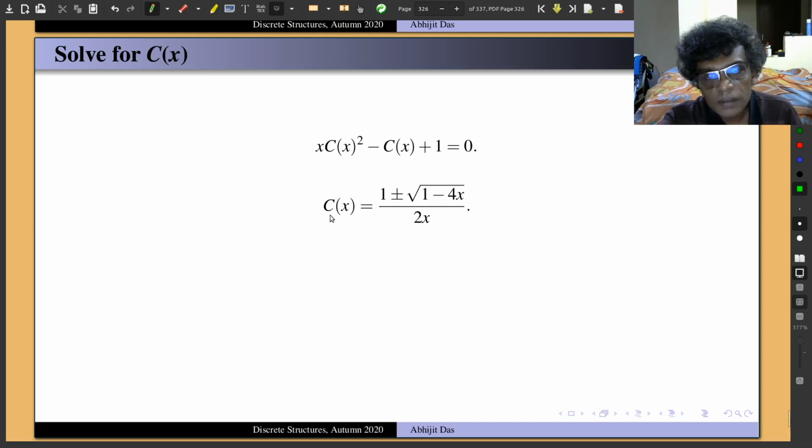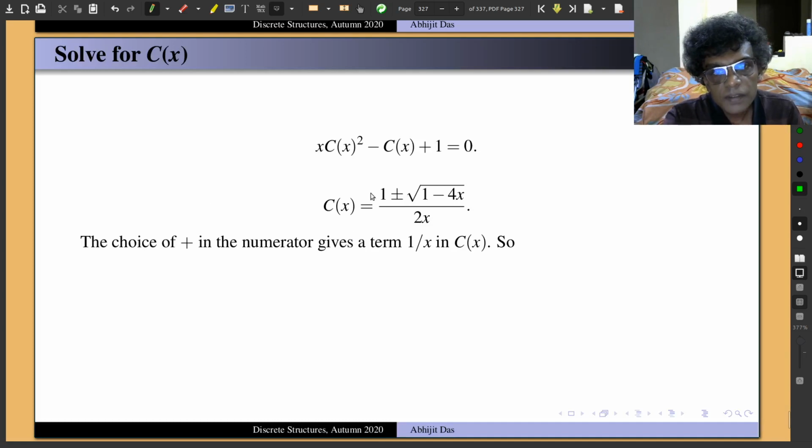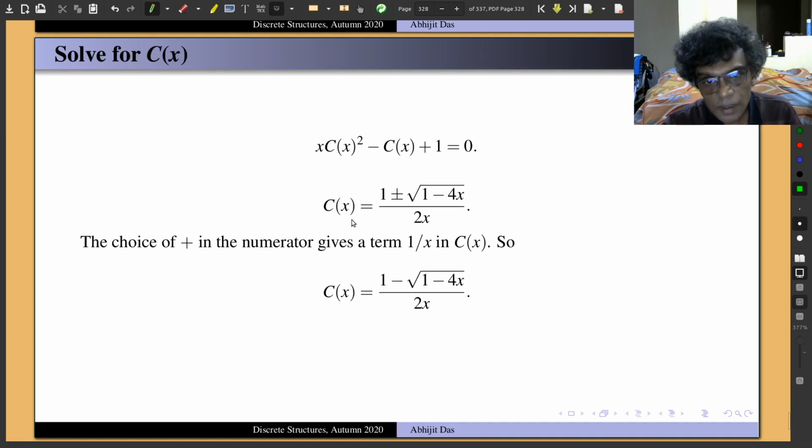But C(x) does not contain such a term. So, the choice of plus in the numerator gives a term 1 over x in C(x). Therefore, the actual correct expression of C(x) is 1 minus root over 1 minus 4x, over 2x.